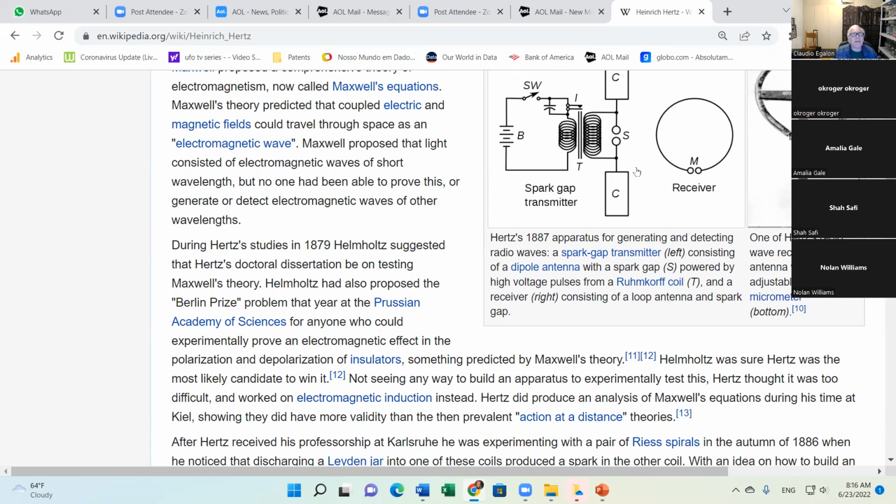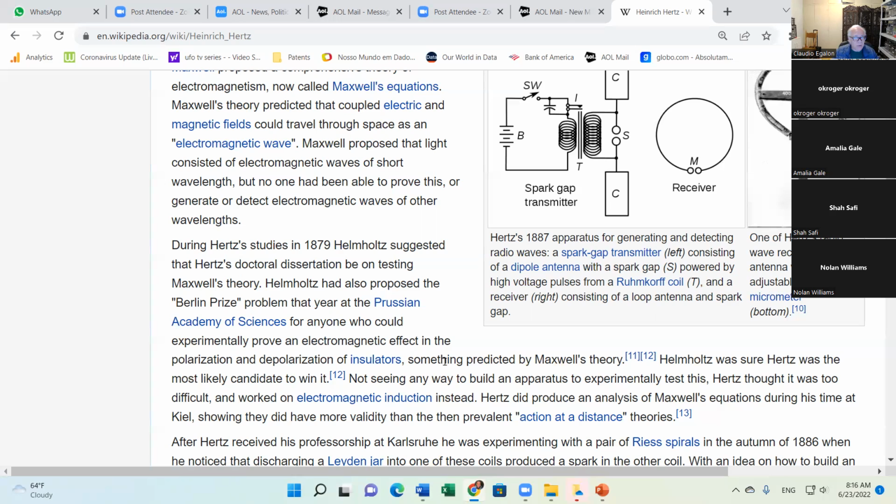He also started to illuminate those electric dipoles with different light sources. One of them was the UV source. And he noticed that by illuminating either dipole with a UV light source, the sparks would get stronger and stronger. Okay?